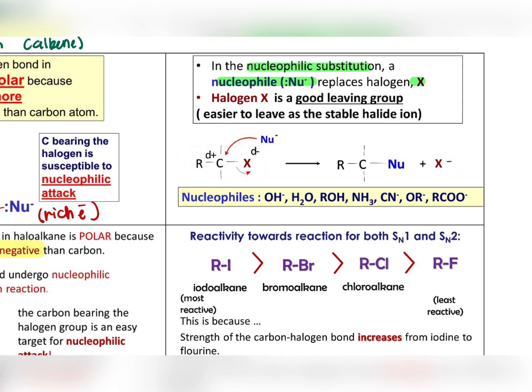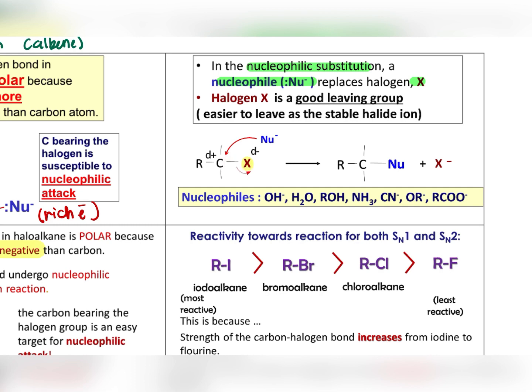Okay, so nucleophile akan attack carbon. Okay, so ingat nucleophile kaya elektron, rich electron, dia akan attack carbon yang kurang elektron, poor electron. Okay, and your halogen here, dia akan leave. Okay, so maksudnya bond dekat sini akan putus.